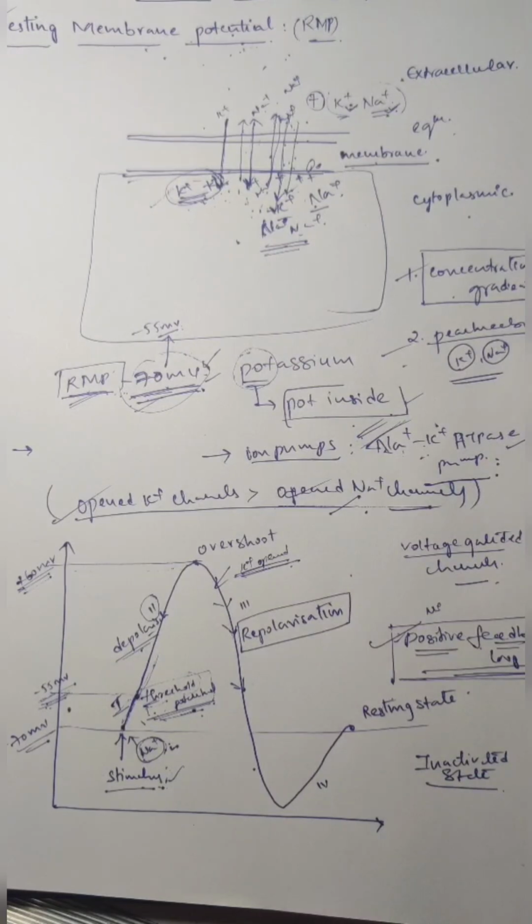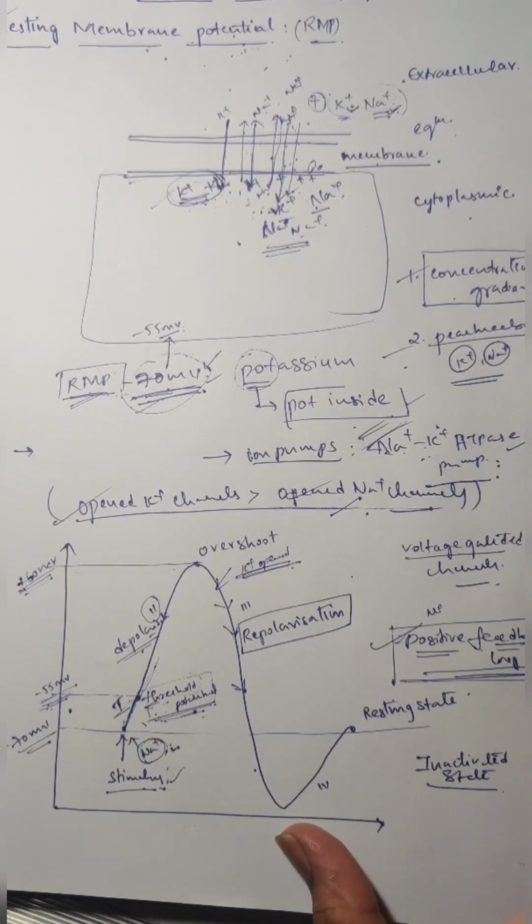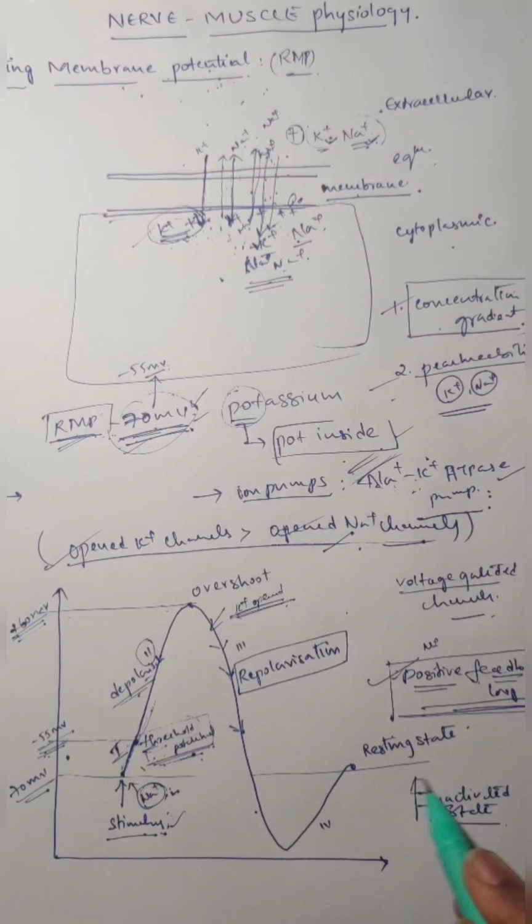Potassium channels can open and close faster, compared to sodium channels, which cannot open and close faster. So they stay in a state called the inactivated state, where the channel is blunt. It doesn't do anything. That is the inactivated state.